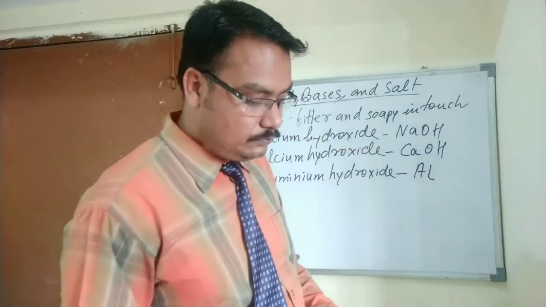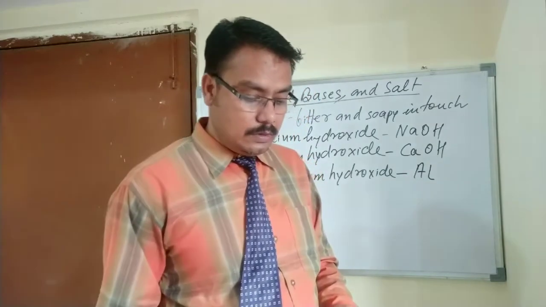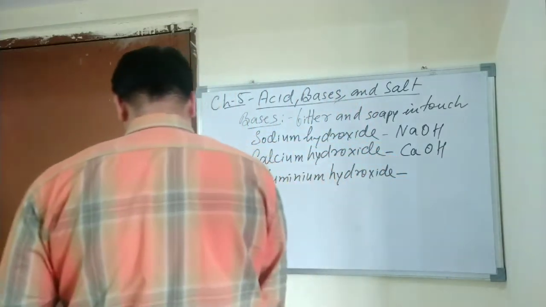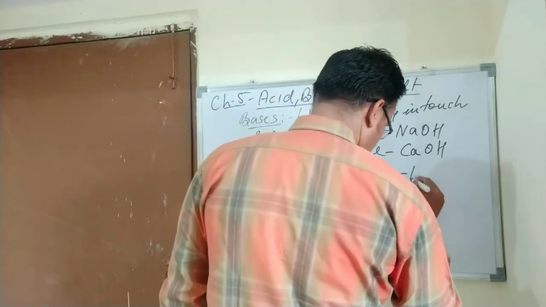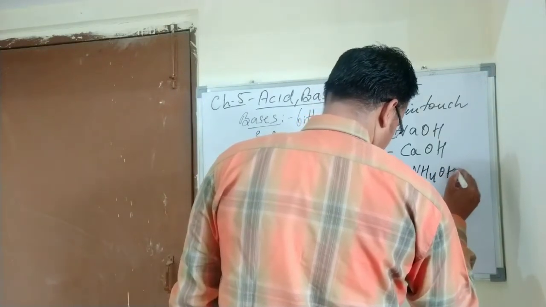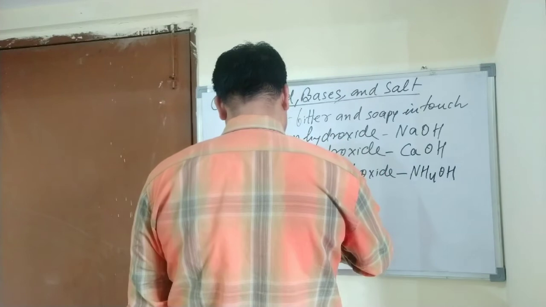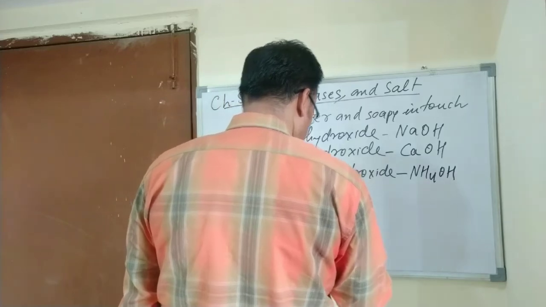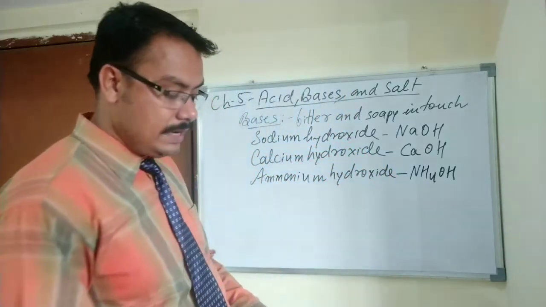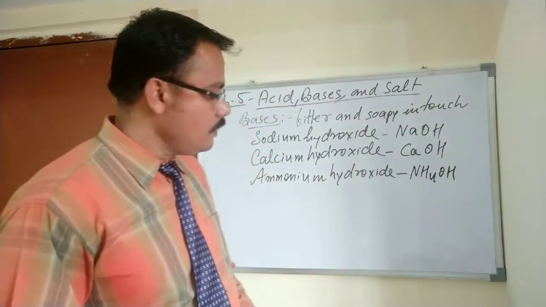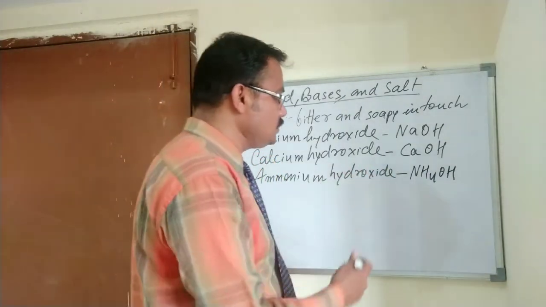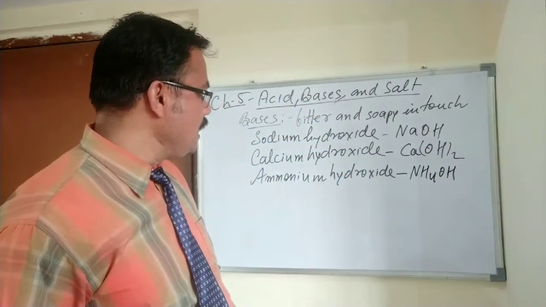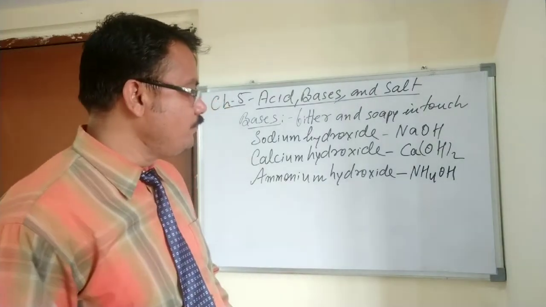Now student, sodium hydroxide, that is NaOH, calcium hydroxide, that is CaOH, and ammonium hydroxide, that is NH4OH.